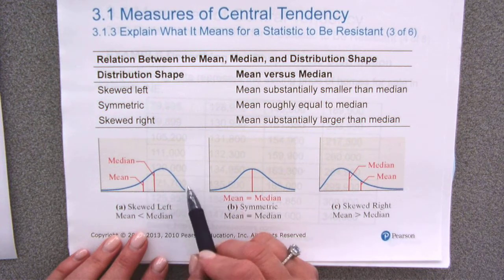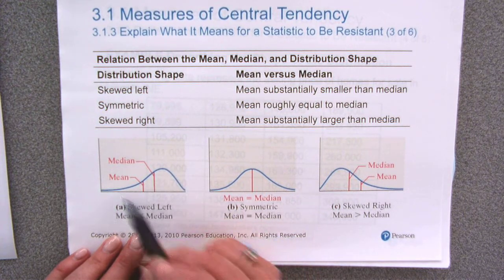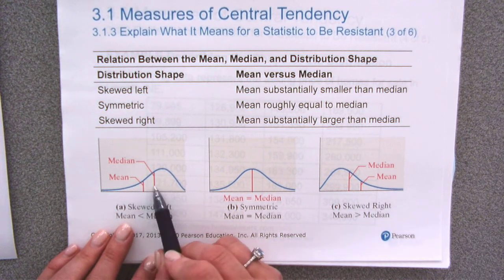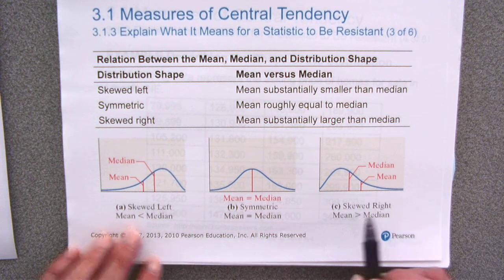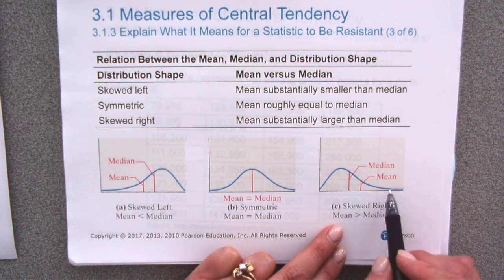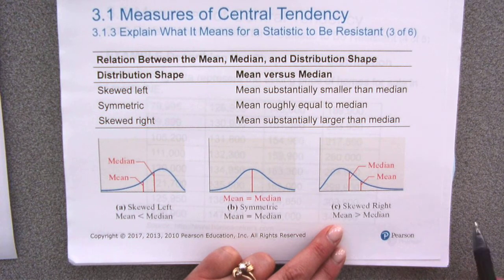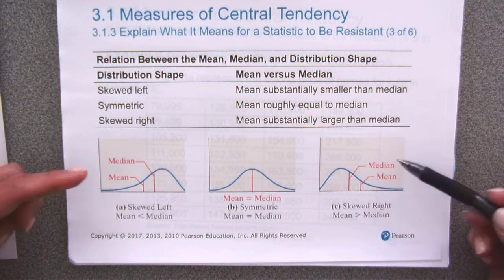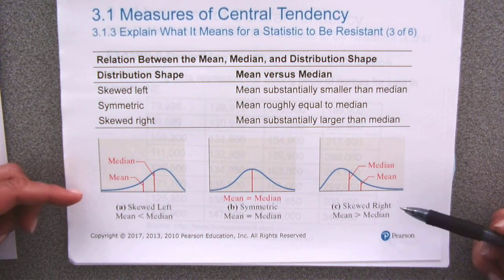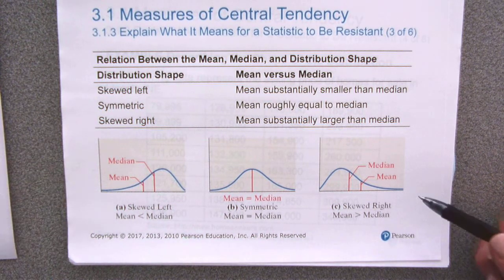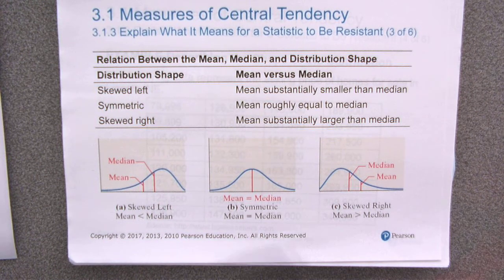If it's skewed left, then your mean is less than your median. And if it's skewed right, your mean is greater than your median. Okay? So the reason this is so important is because you can calculate the mean and median and not necessarily draw a histogram of all of the data and be able to tell whether it's skewed left or right just by those two values.